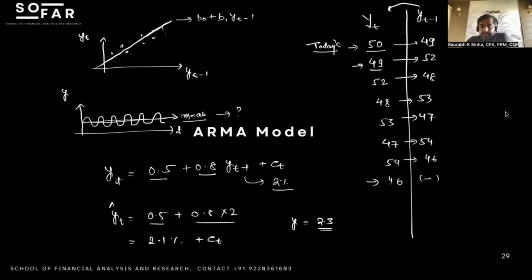Now the question is, what is the long-term mean on which this y is mean reverting? Somebody gave you that AR model, but how can you find that long-term mean? A very simple question: if I plot this time series, what would be the long-term mean intuitively?